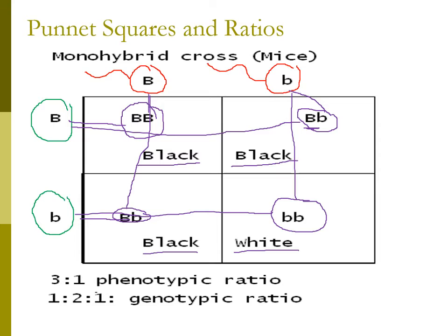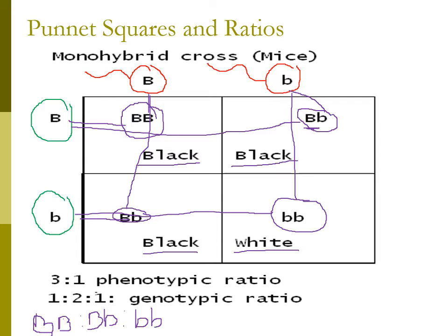So for my genotypic ratio, it always goes in that order where I have big B, big B, to big B, little b, to little b, little b.